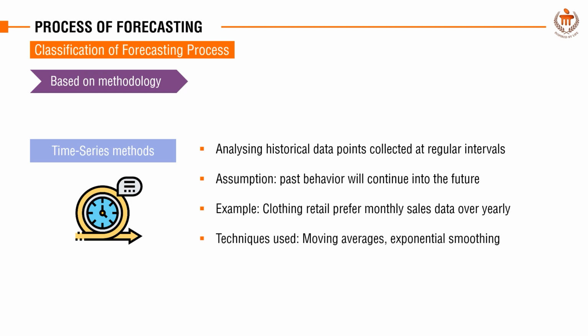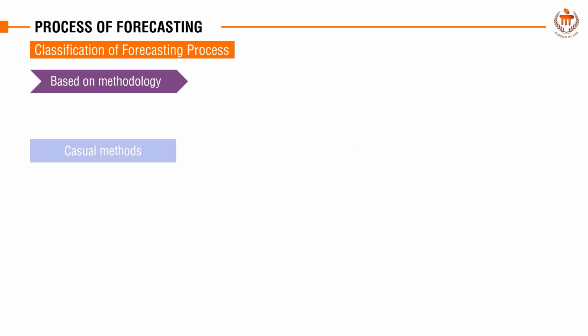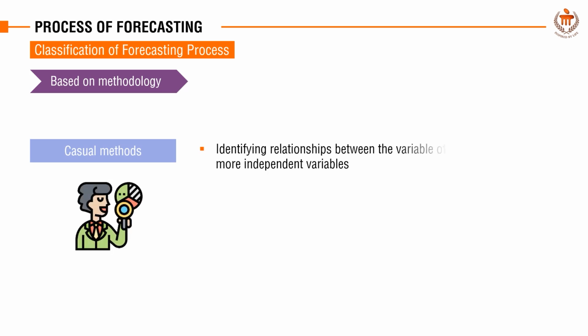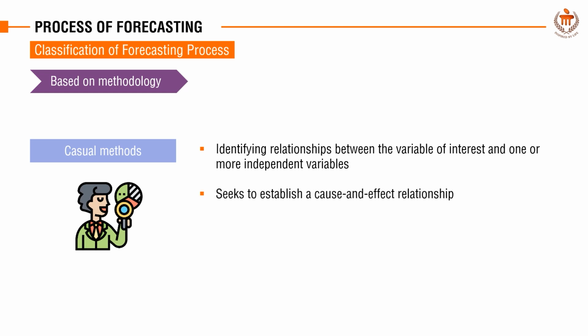Techniques like moving averages and exponential smoothing are commonly used in time series methods to generate forecast based on observed patterns. Causal methods focus on identifying relationships between the variable of interest and one or more independent variables that influence it. This approach seeks to establish a cause and effect relationship to make predictions.